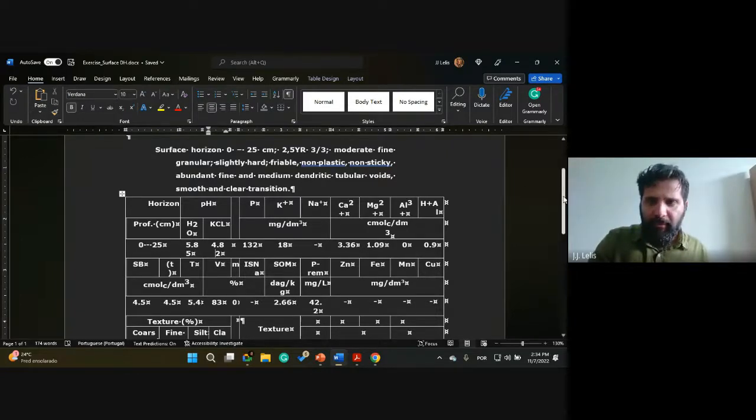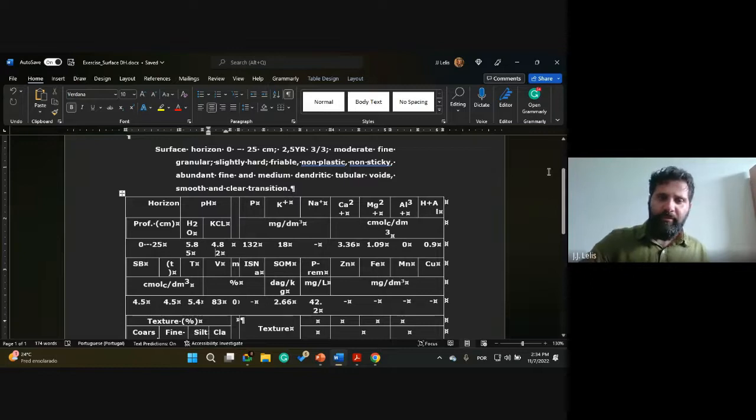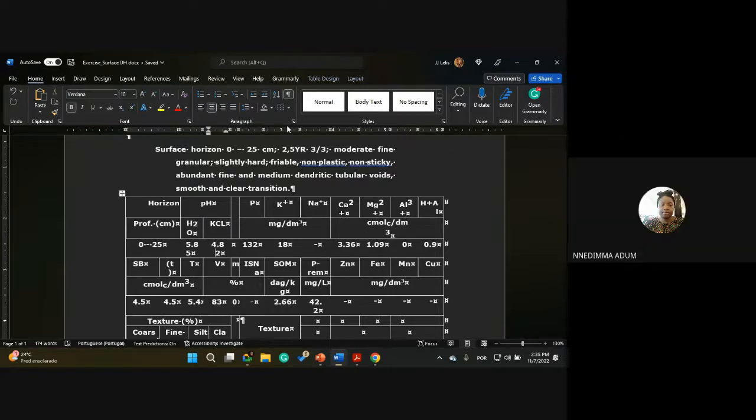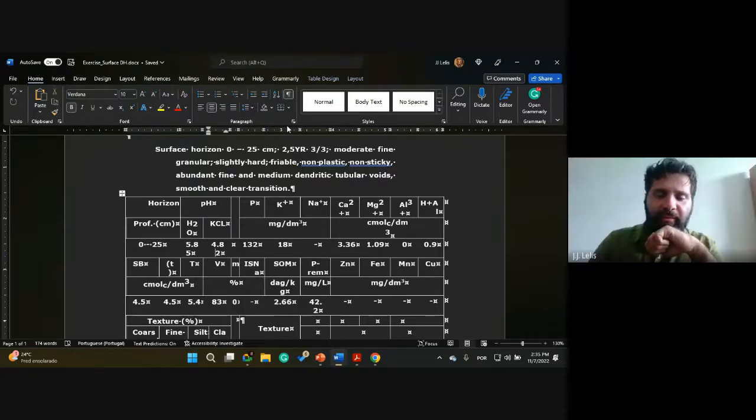So let's start. This surface horizon presents 25 centimeters. It presents a red or yellow color. Which color is that?